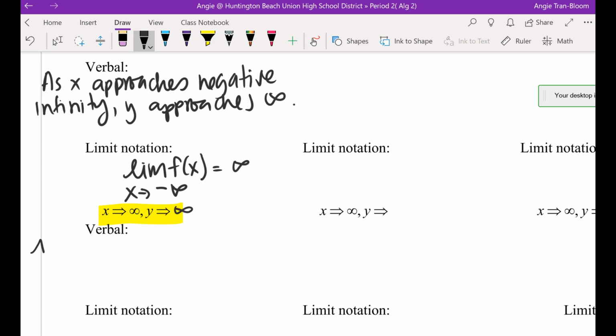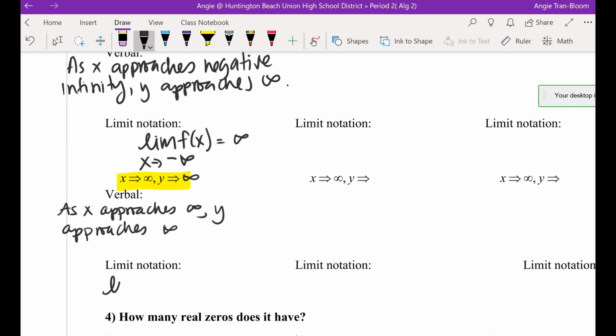As x approaches infinity, y approaches infinity. Okay, so that's the last time we're going to verbally spell that out. Okay, so limit notation is, there you go.